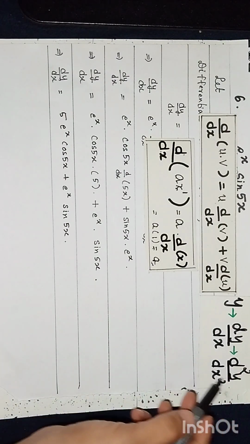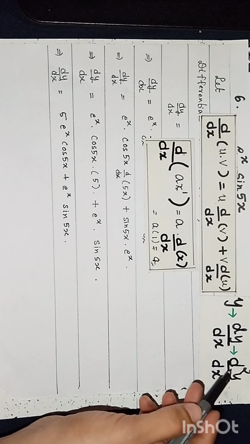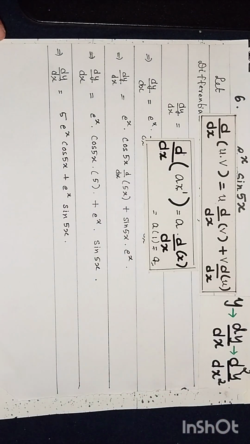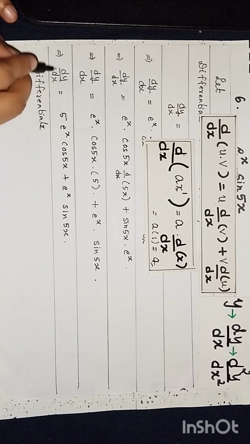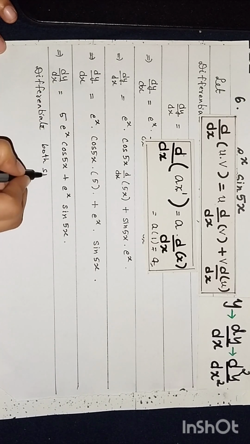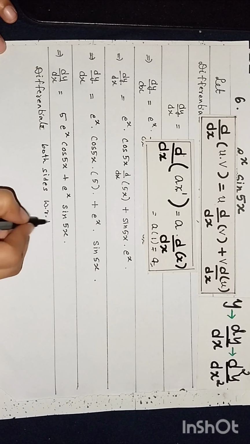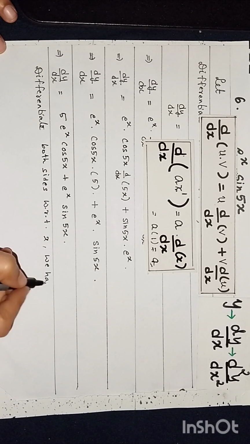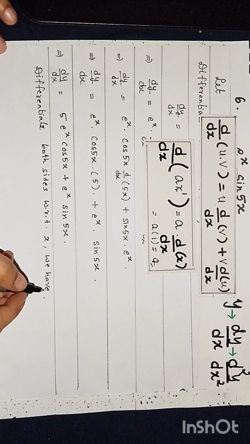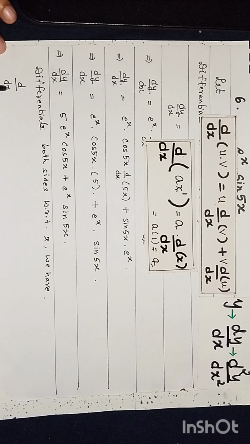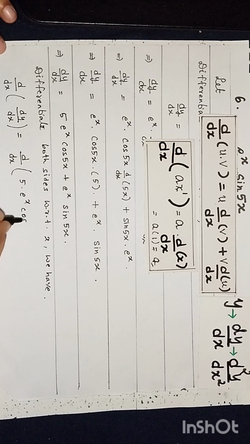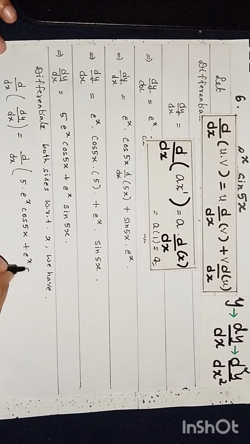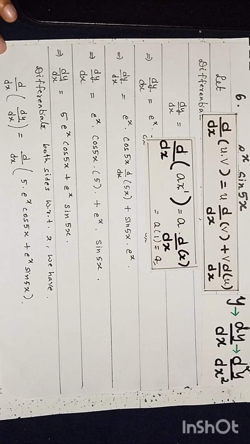Now we want the second order derivative. So how to move from first order to second order? We have to differentiate both sides with respect to x. We have d by dx of dy by dx is equal to d by dx of 5 into e power x cos 5x plus e power x sin 5x.